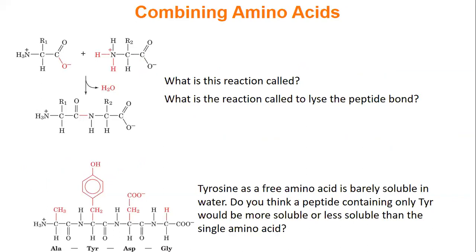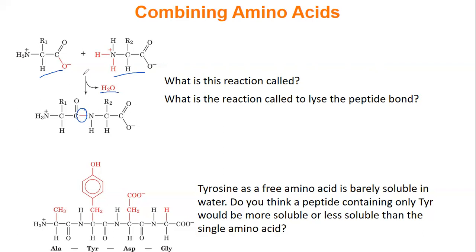So when amino acids combine to make proteins, what happens? Since I'm sharing my whole screen, let me move this up a little bit. What happens is that 2 amino acids will come together and they'll make water. And you form what's called a peptide bond.